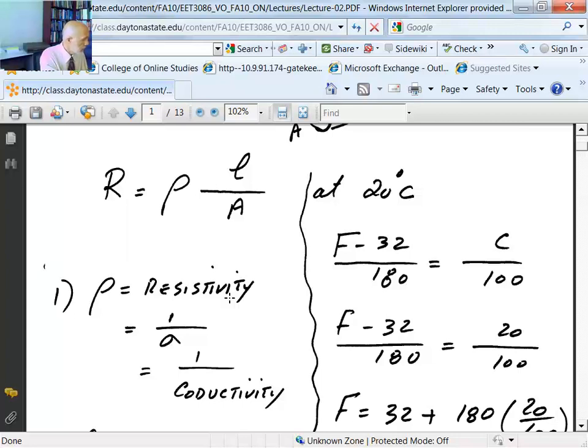Let me see if I can find the page that it's on. It's table 1-3. They give you the resistivity, so I can look it up.